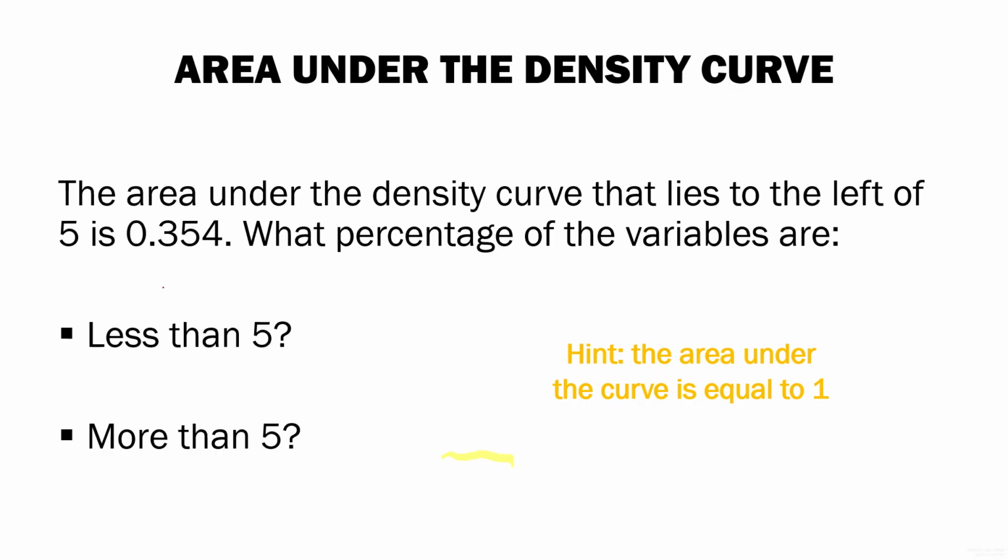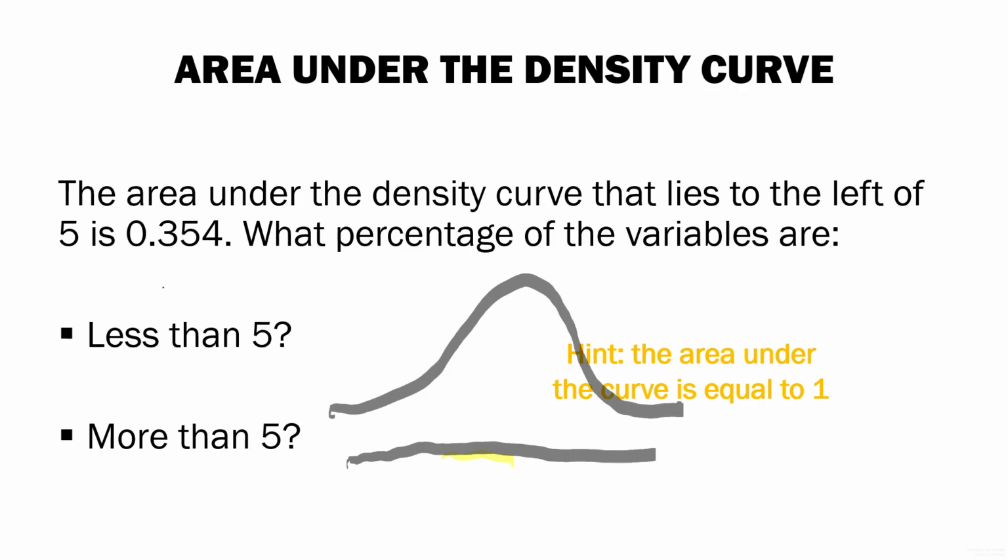Let's apply some of the properties for the area under the density curve. The area under the density curve that lies to the left of 5 is 0.354. What percentage of variables are less than 5 and more than 5? And my hint to you is that the area under the curve is equal to 1. So let's draw a little curve here, okay?